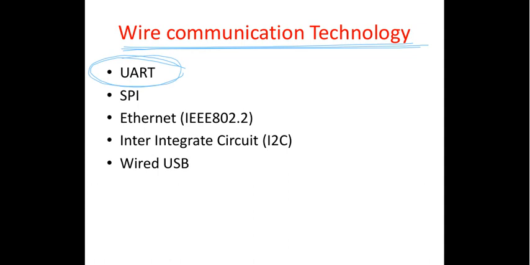All of you must be knowing the meaning of UART, universal asynchronous receiver and transmitter, and you also have USART, universal synchronous receiver and transmitter. I will come to these points, what exactly we mean by UART and USART.